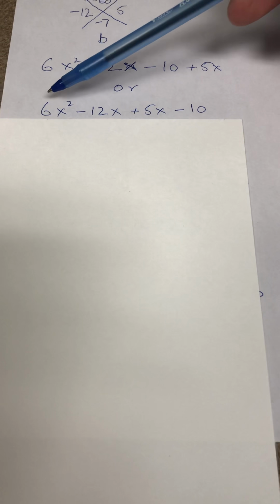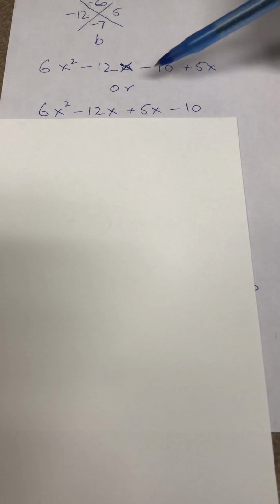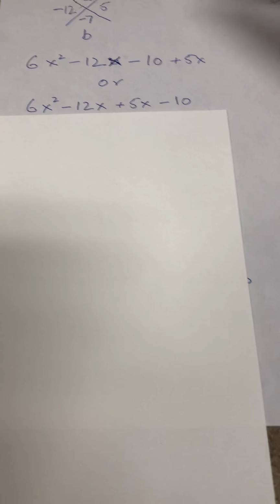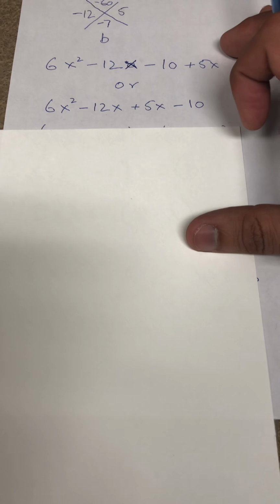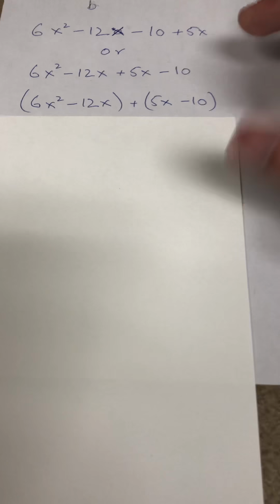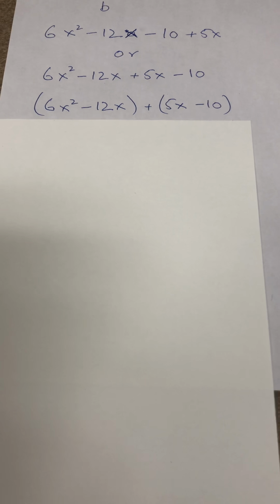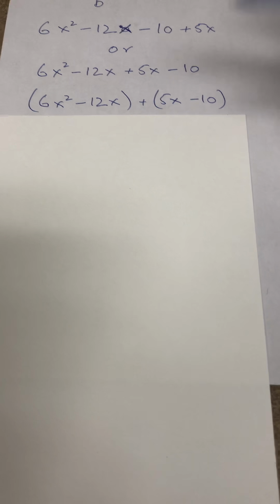We know that 6 and 12 have a common factor, and we can see 5 and 10 also have a common factor. So we'll write it out with brackets. We'll have 6x squared minus 12x in one bracket, plus 5x minus 10 in another bracket.